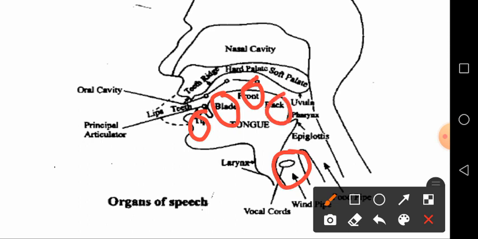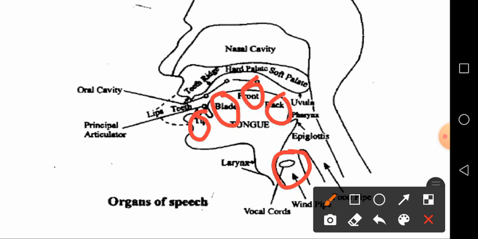While articulating some words, we use the tip of the tongue. For some words, we use the front or the back of the tongue, like pronouncing k, you can see that the back of your tongue is slightly raised toward the soft palate. So likewise we use different parts of speech organs while articulating different words.